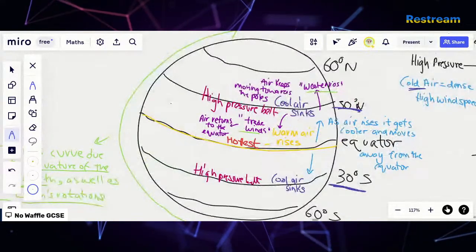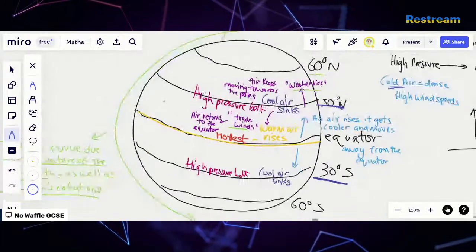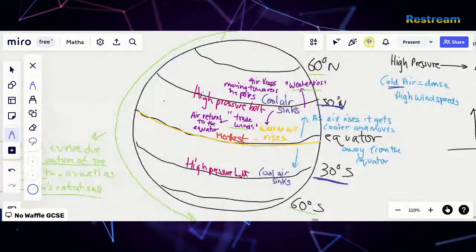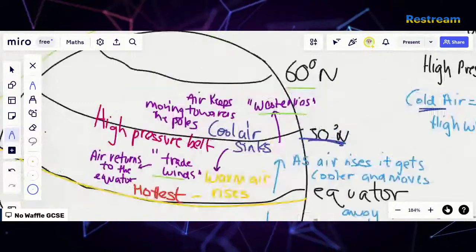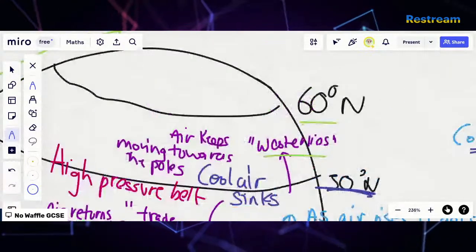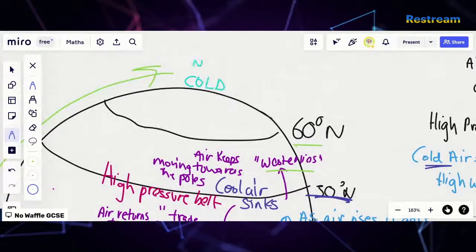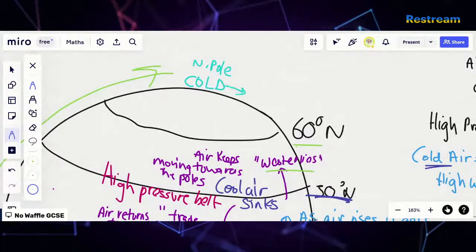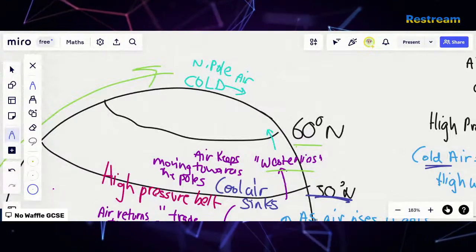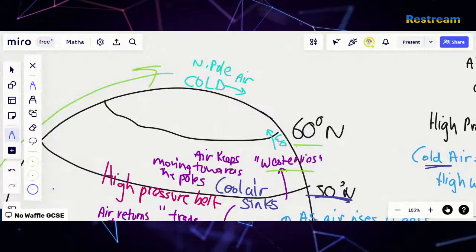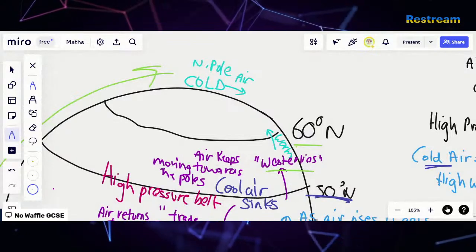Now let's look at what happens 60 degrees north and 60 degrees south of the equator. At 60 degrees north and south, the warm surface winds meet with the cold air from the poles. Imagine this is a cold area, the North Pole. So the cold air is meeting with the westerlies, the warmer air, because the westerlies have just been warmed by the equator, whereas the North Pole air is cold.